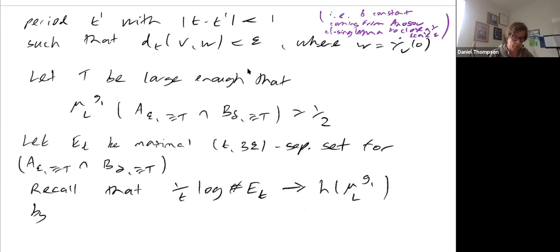And that's by something that we saw some time ago, maybe in lecture 10 or something like that. That's our old friend, the Katok entropy formula. Maybe I never wrote it out for flows, but the flow version is just like the discrete version, but with T's instead of N's.